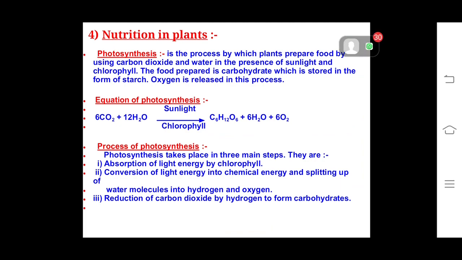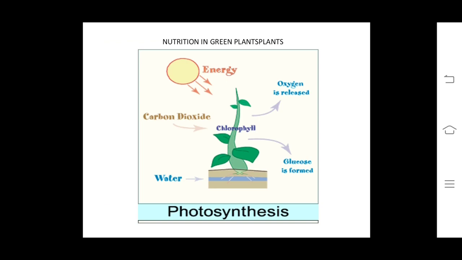The water molecule is split into protons and hydroxyl ions, and they travel through the electron transport chain, and then oxygen is released. You can see the diagrammatic representation of the process of photosynthesis.